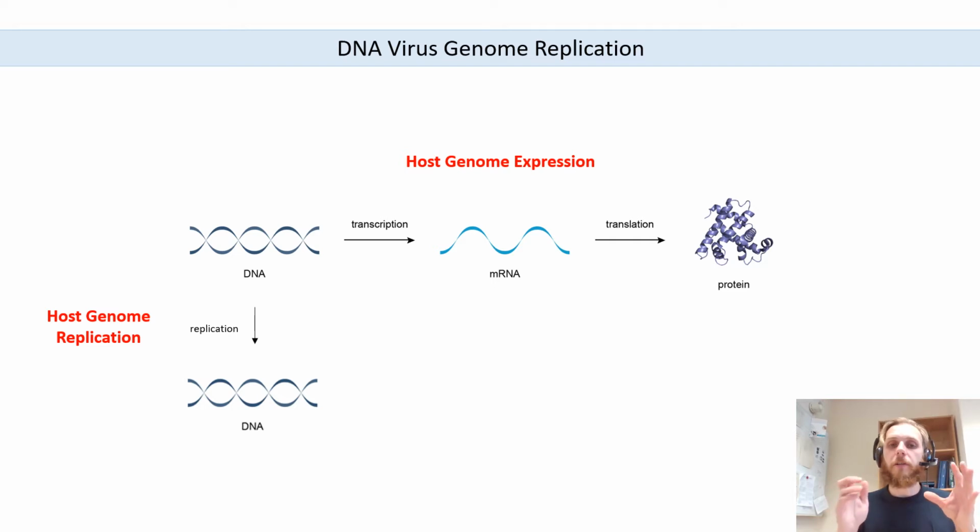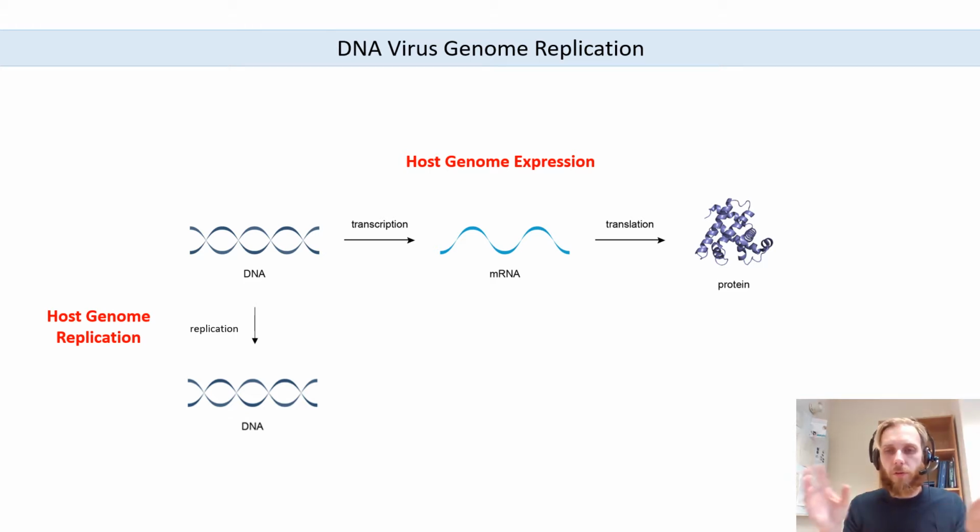For a DNA virus, genome replication means exactly the same. It means going from a DNA template, the genome, to a DNA copy of that template. So therefore, in theory, the viruses that have DNA genomes should be able to use the host cell DNA-dependent DNA polymerase for replication.